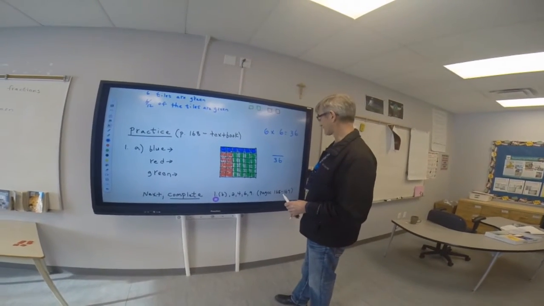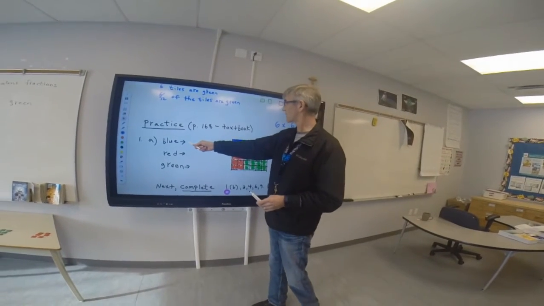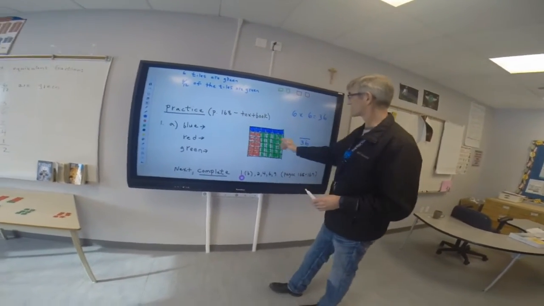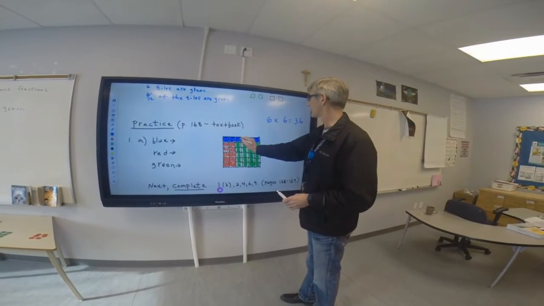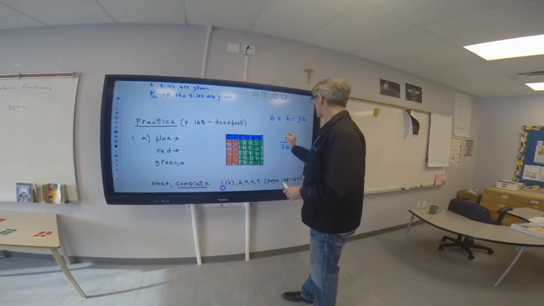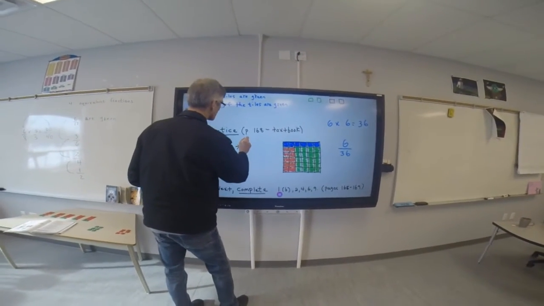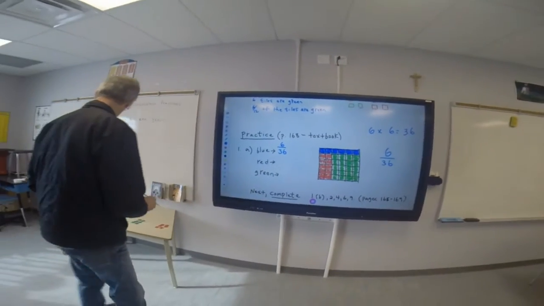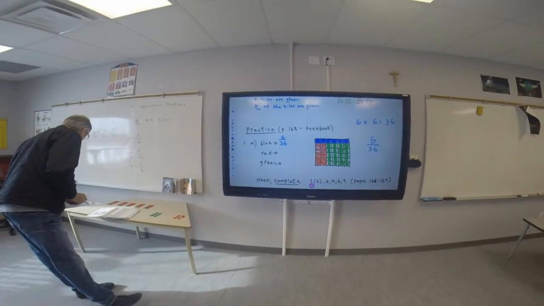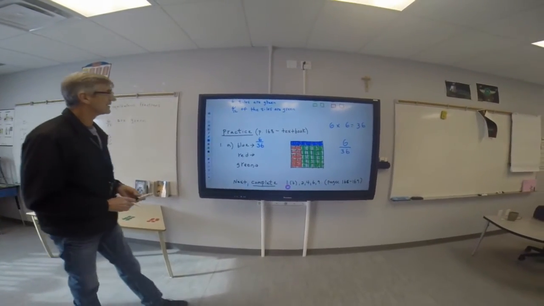Now, the first thing we're looking to find is what fraction of this area is blue. So we count the tiles, 1, 2, 3, 4, 5, 6. So that's the number for blue, 6 over 36. Now, the book asks us, I believe, to write as many different fractions as you can.